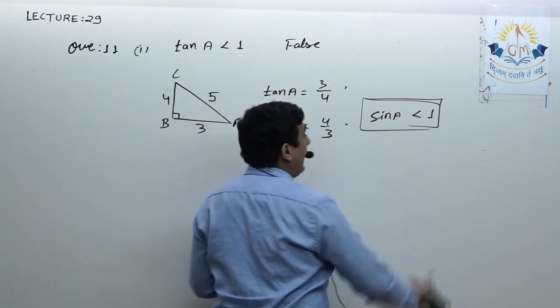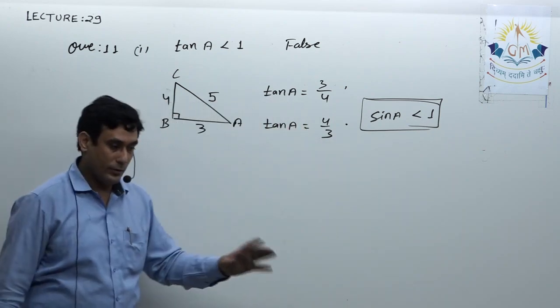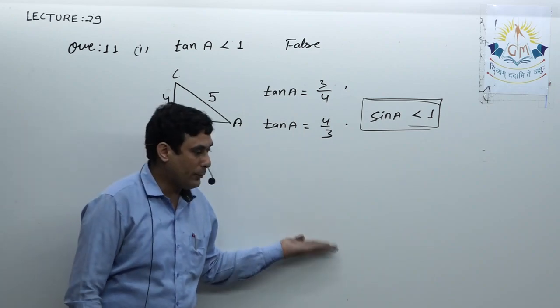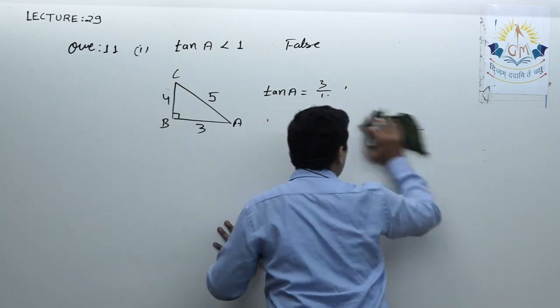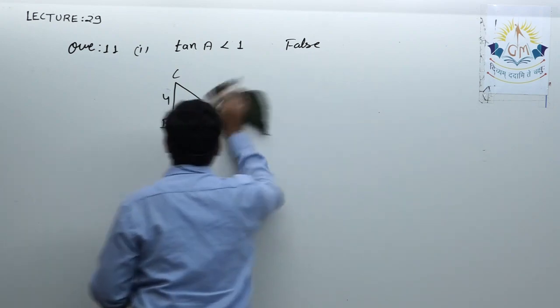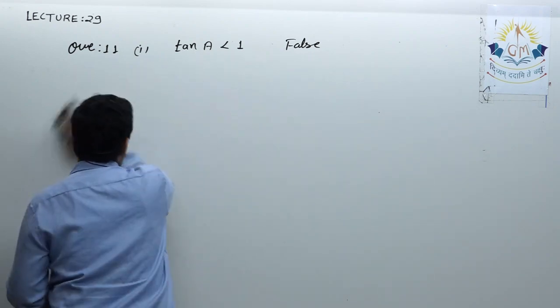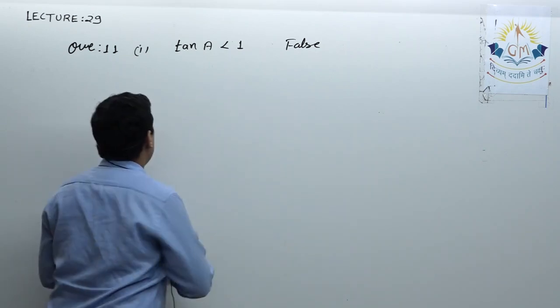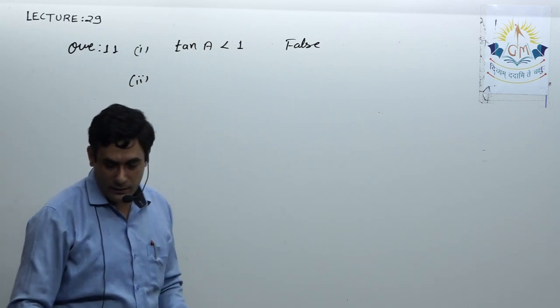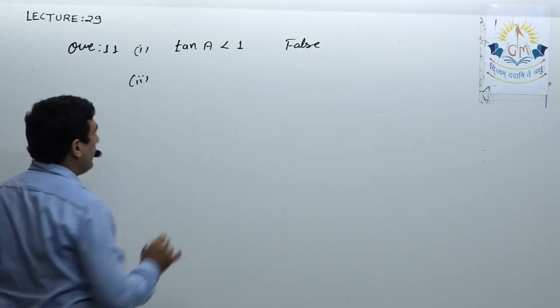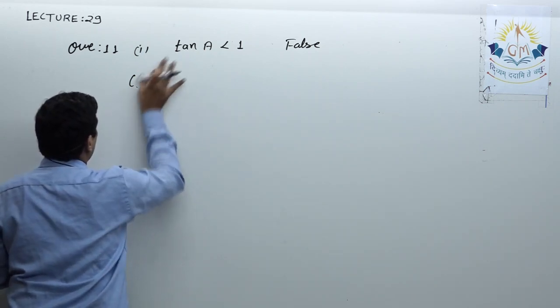So sin A as well as cos A, because in cos A also hypotenuse is in the denominator, are always less than 1, but tan A is not always less than 1. It's a false statement.